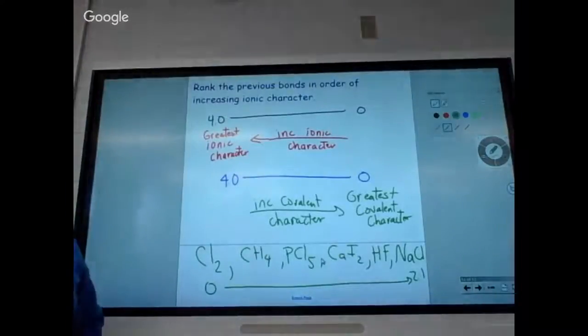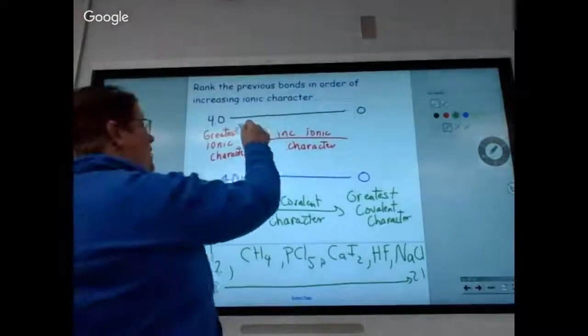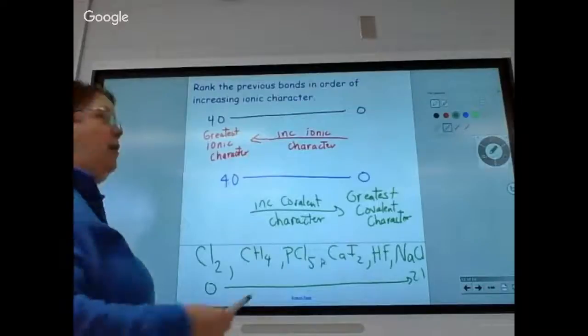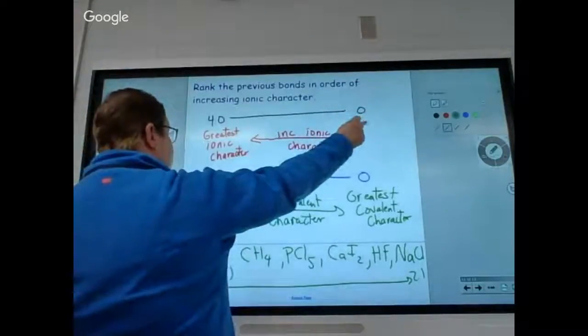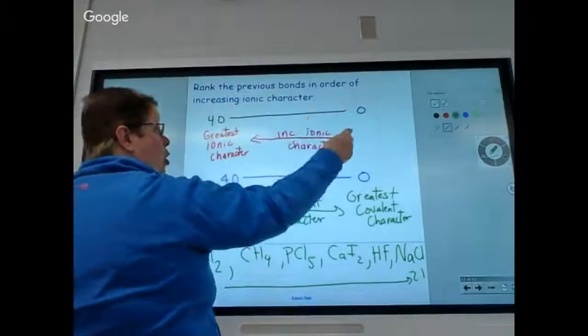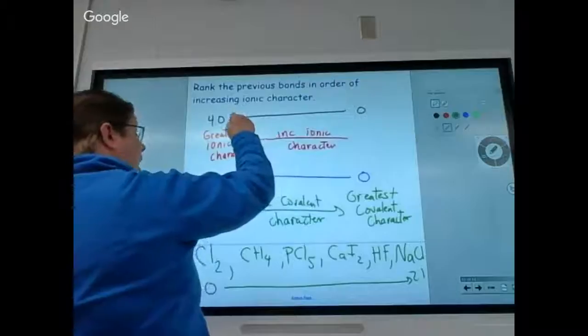I thought it was the other way. The direction of this is just the way the scale is written. You're going from the smallest number to the biggest number, because you're going from least ionic to most ionic.